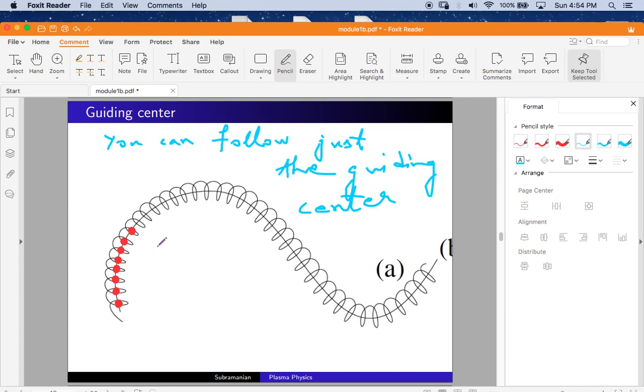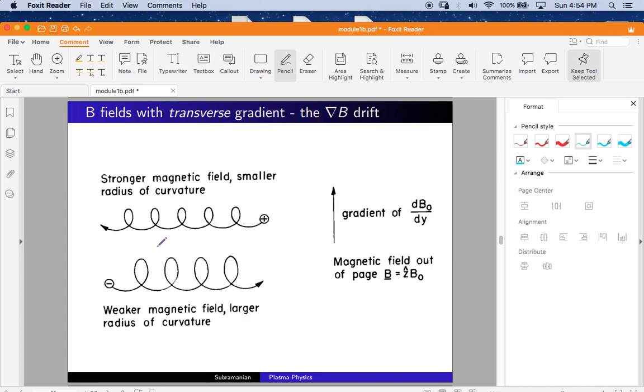Anyhow, so that's that. Now we will talk about this particular manifestation of inhomogeneous magnetic field. Suppose you had a gradient in B, in particular a transverse gradient. Suppose you had a magnetic field out of the page. This figure is taken from Stacey.